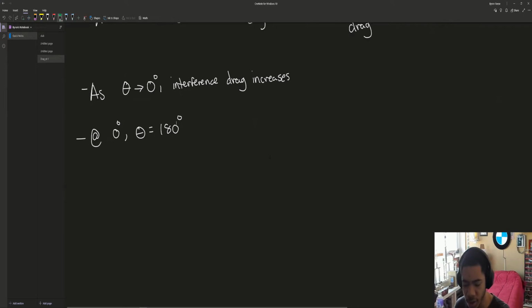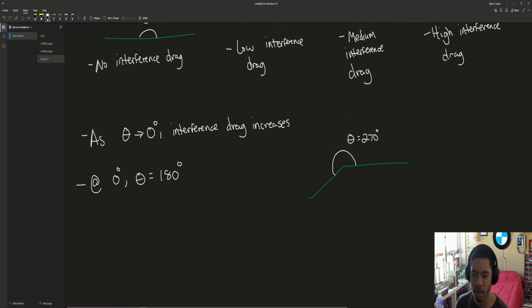Alright, so what happens if we look at an angle that's like this? This angle now, theta, is 270 degrees. Well, that wouldn't make sense, right? Because clearly we can see there's a smaller angle on the bottom.